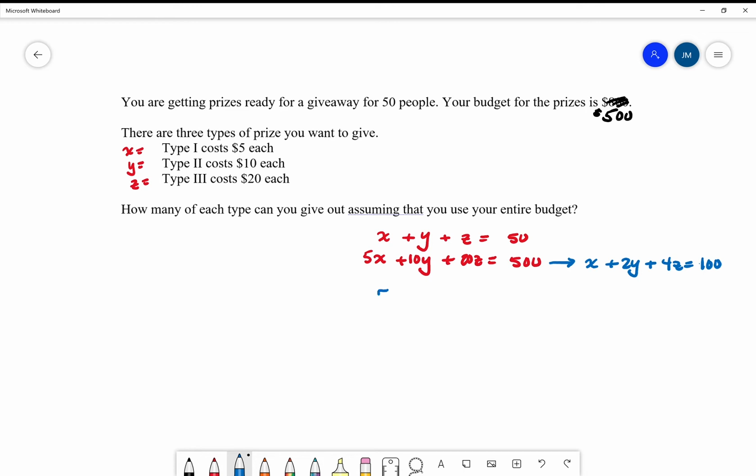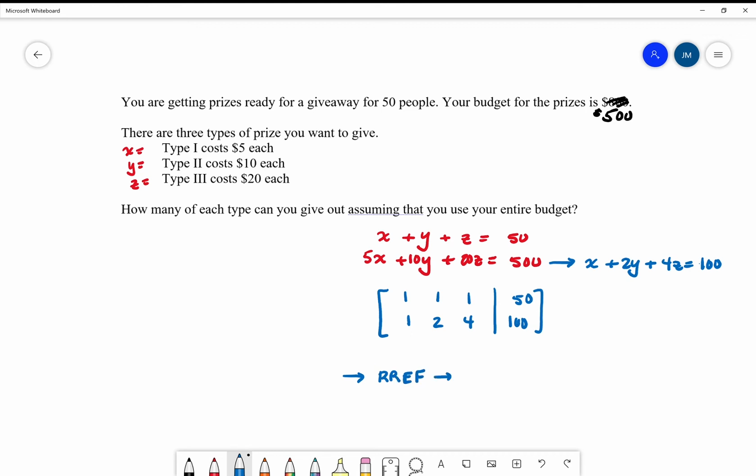So I am going to put this into matrix form. So 1, 1, 1, 50 on the top, and 1, 2, 4, 100 for the bottom. And then what I'm going to do right away, and I encourage you to use your calculator to do this, is find what's called the reduced row echelon form.